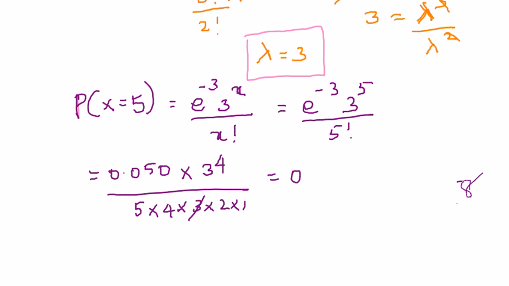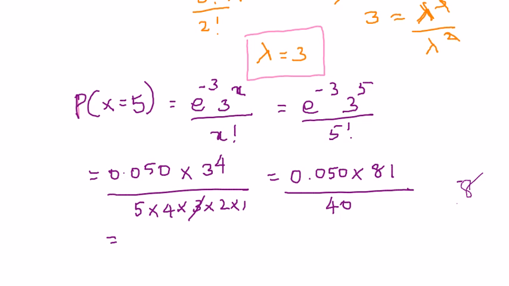So 0.050, sorry, 0.050 into 3 power 4, which is 3 3s are 9, 9 3s are 27, 27 into 3 is 81, divided by 5 into 4 into 2 is 40, right? From here you can either divide 81 by 40, or you can multiply 0.050 into 81.